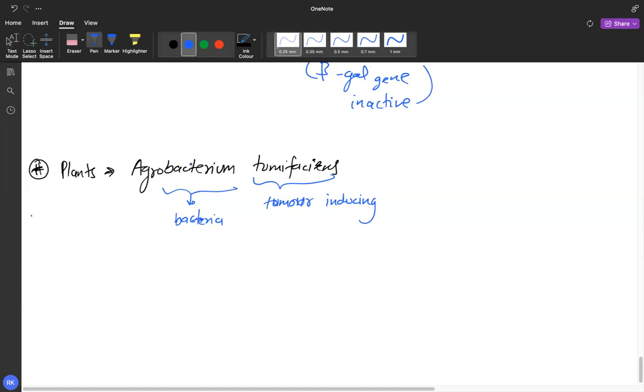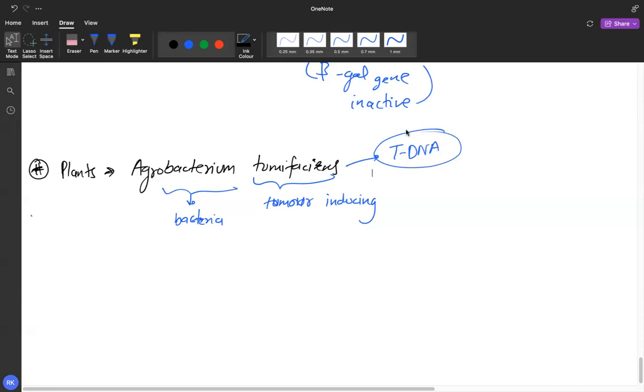It's a pathogen. It attacks many dicot plants, and how it functions is that it inserts a DNA fragment from its own body, which is called tDNA. This tDNA is like a plasmid DNA.